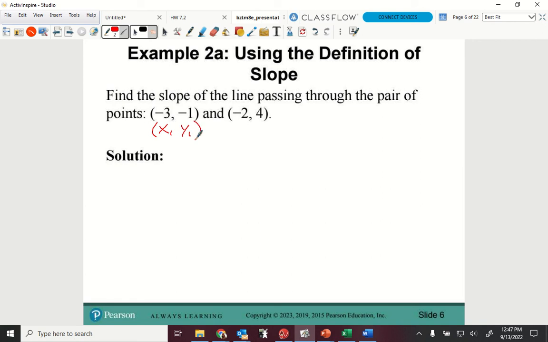So what do you think this other one's going to be? Very good. x2, y2, because that's my second point. Now that I have them labeled, I'm going to look at my formula, which is m equals y2 minus y1 over x2 minus x1.